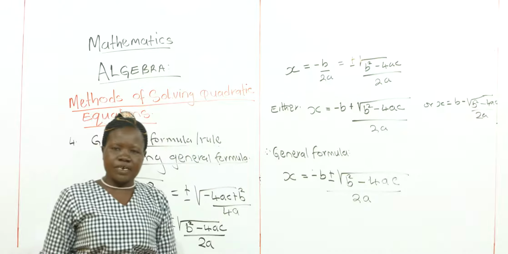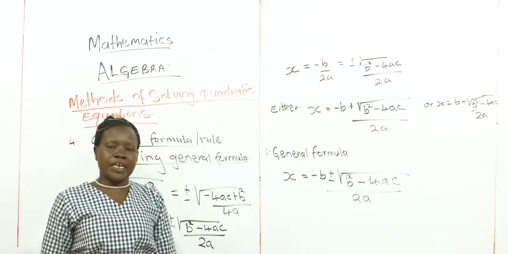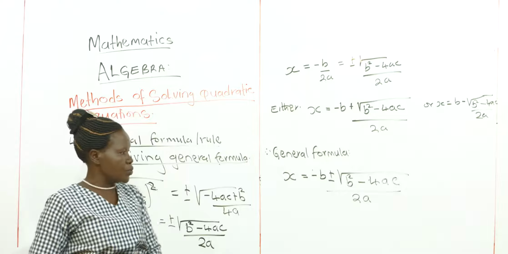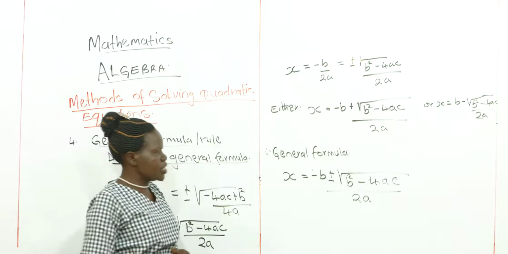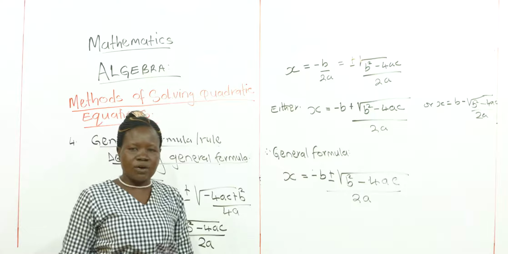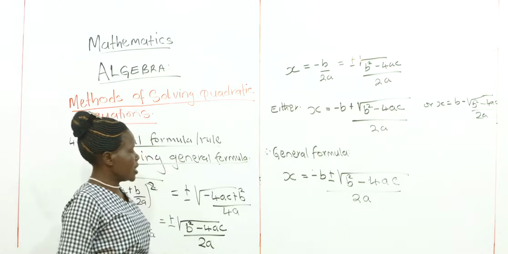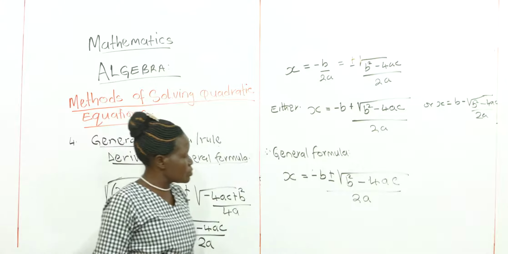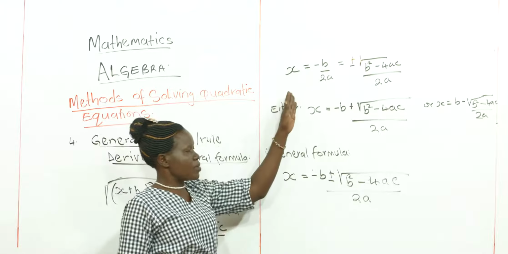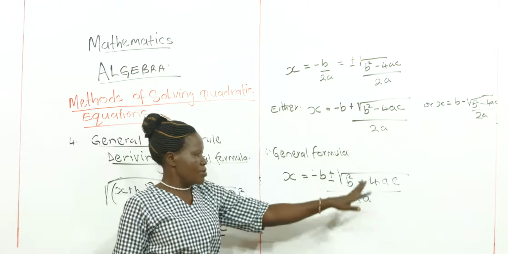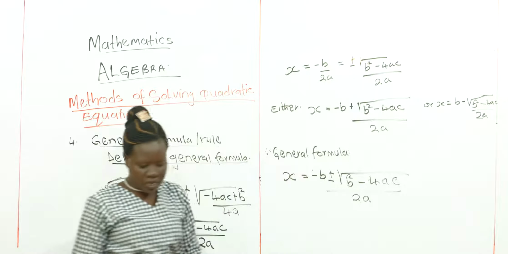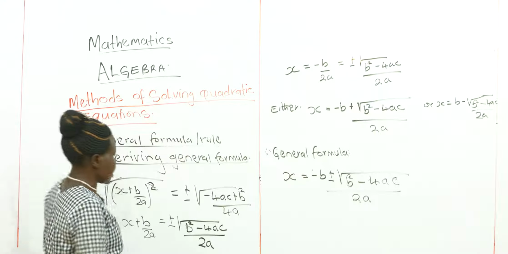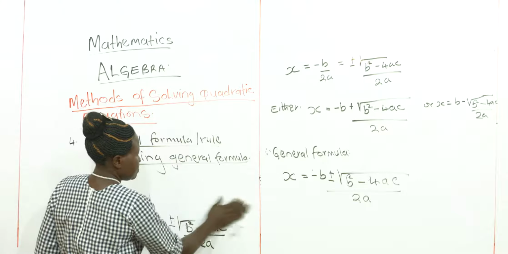You derive it right from the expression of a quadratic equation. From there you apply all the three methods that we looked at: factorization, completing squares, and then perfect square root will arrive you at our general formula. So in case they ask you to derive it, that is how you derive your general formula.